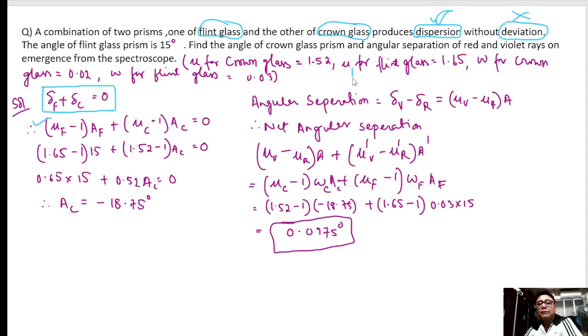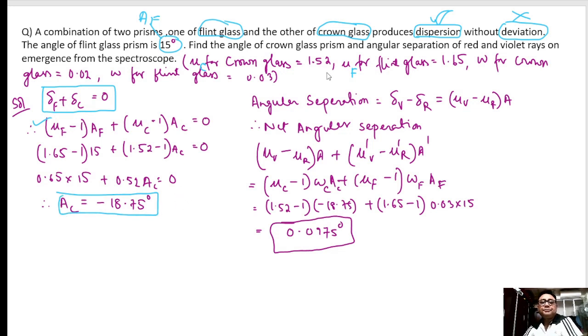This is mu f, this is mu c given here, and using these values, the angle for flint glass prism is given, this is AF, and we find the angle of crown glass prism. So AC we have to find. So this is how we find AC.